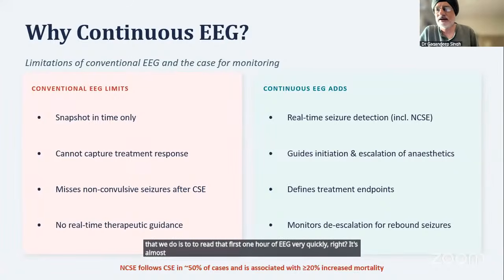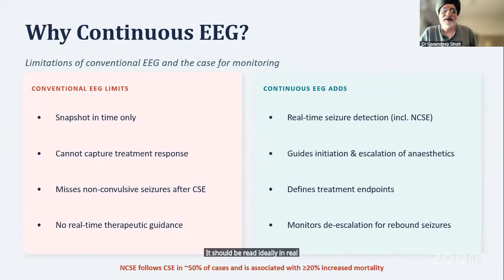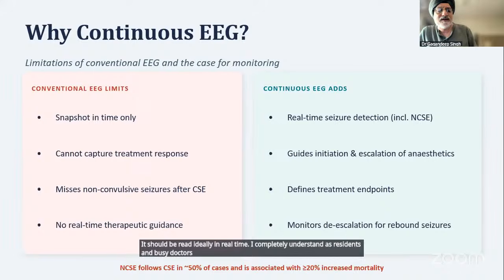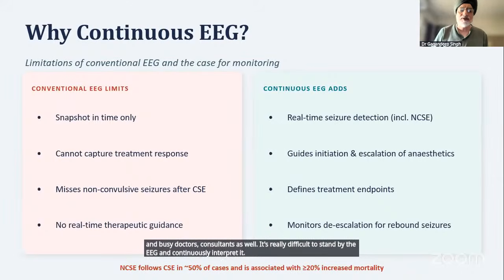It should be read ideally in real time. I completely understand, as residents and busy doctors, consultants as well, it's really difficult to stand by the EEG and continuously interpret it. But as soon as possible. Next slide, please.